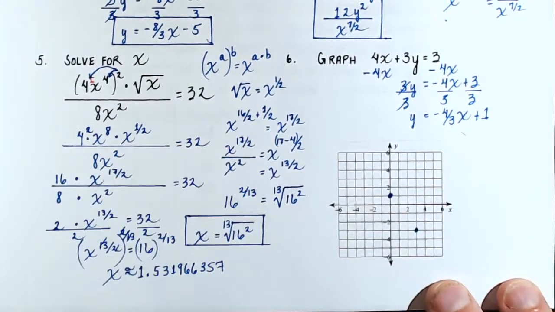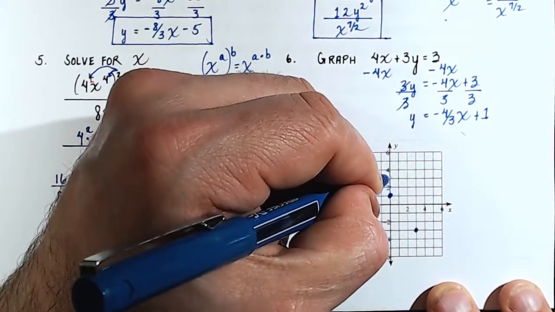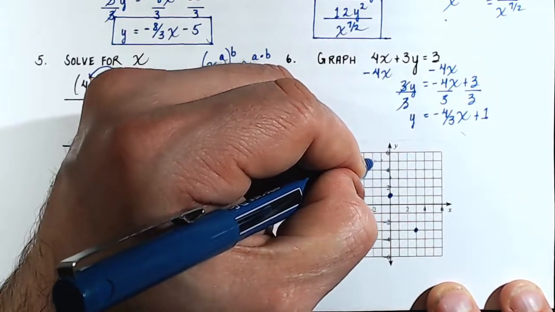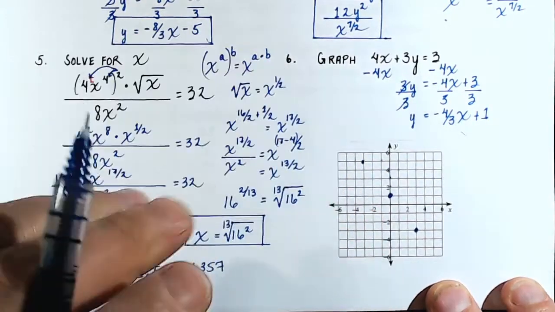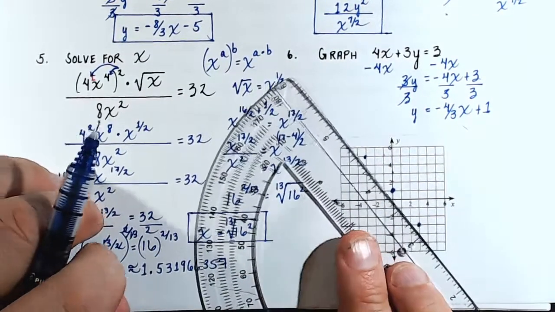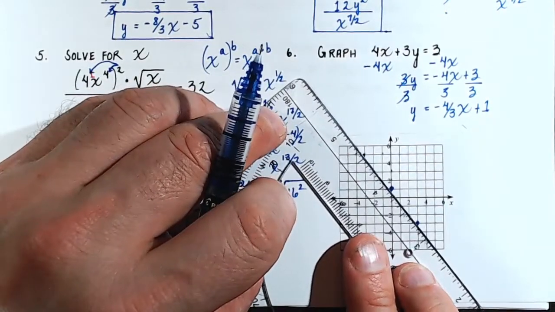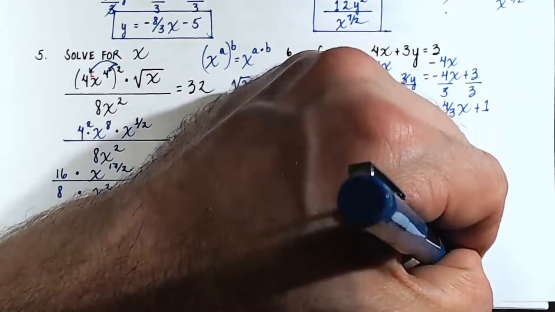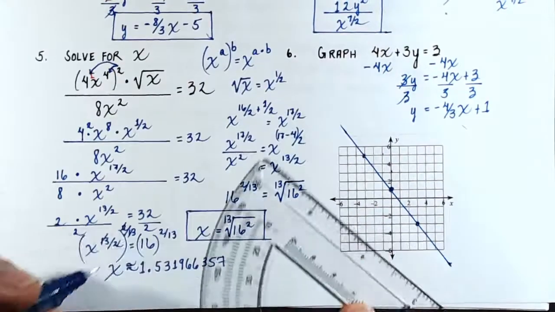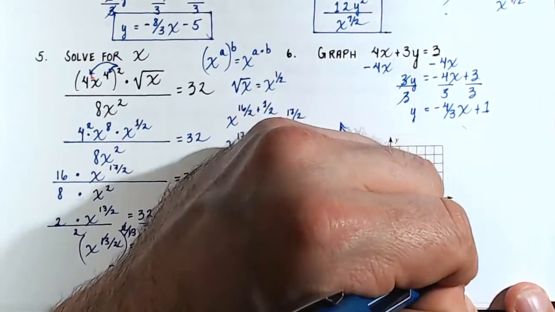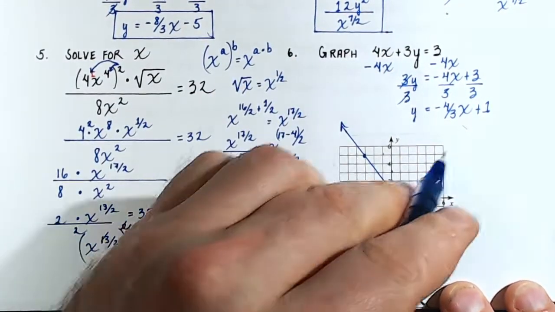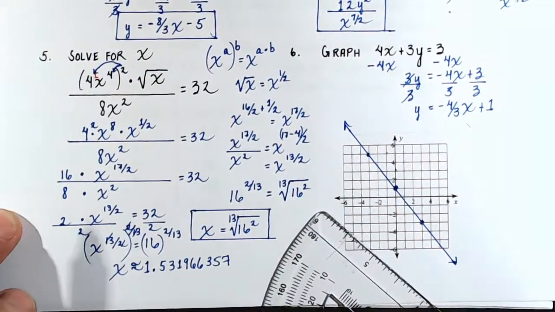I should plot one more point. 1, 2, 3, 4, 1, 2, 3. There. Now I really know where to put the protractor. Okay, so that's that equation graphed.